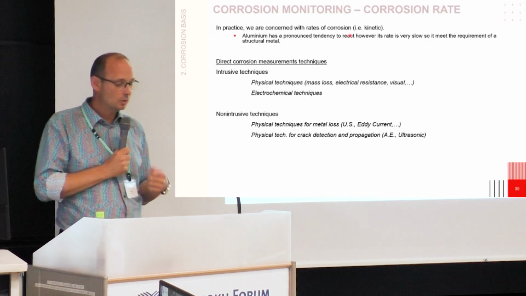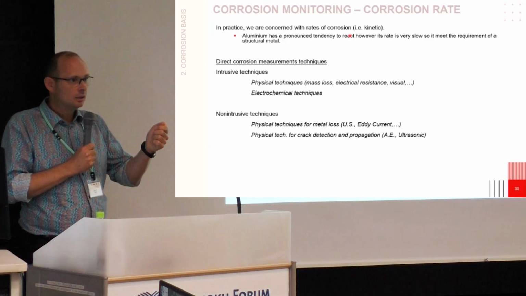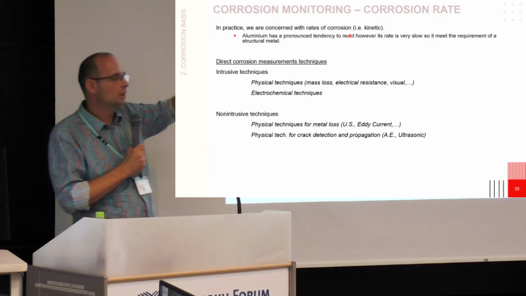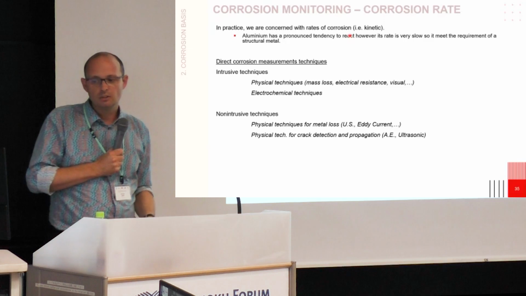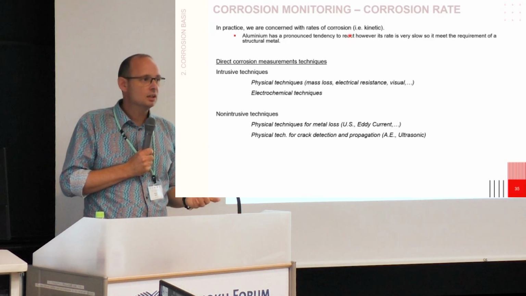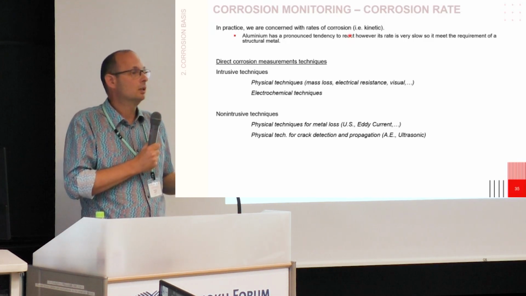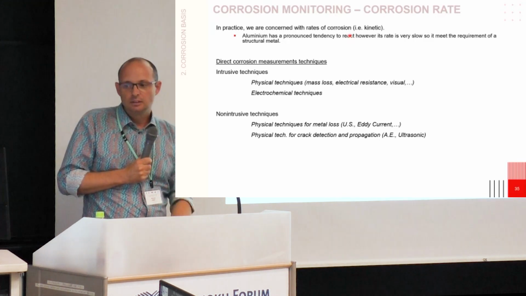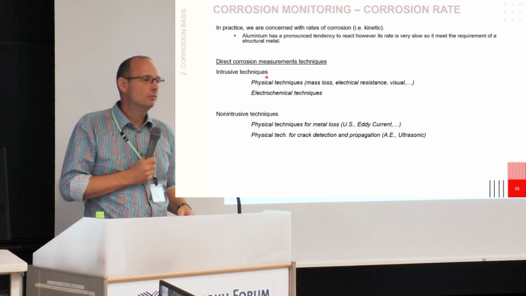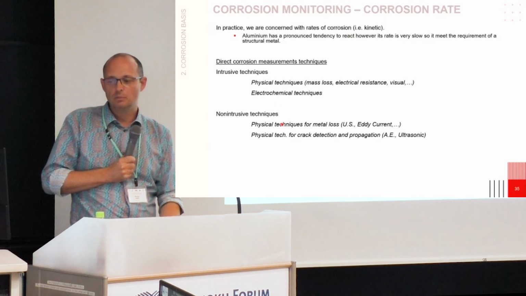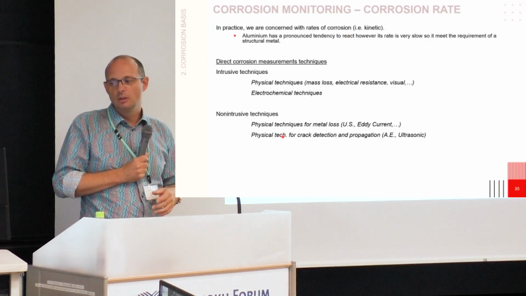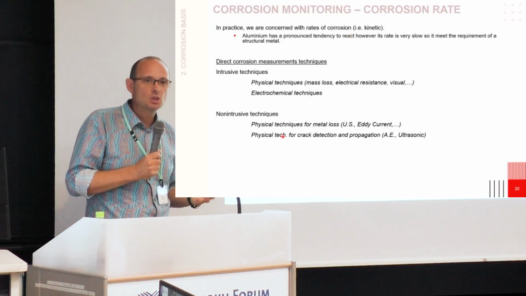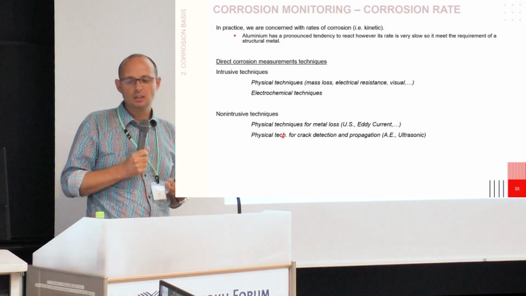We can also use electrochemical techniques. I said that electrons are moving, so we can count the electrons that are moving. And there are also non-intrusive techniques, because when the materials are in structures, intrusive techniques are not very useful. So we will have eddy current, ultrasound, acoustic emission. So there is a panel of techniques that we can apply.